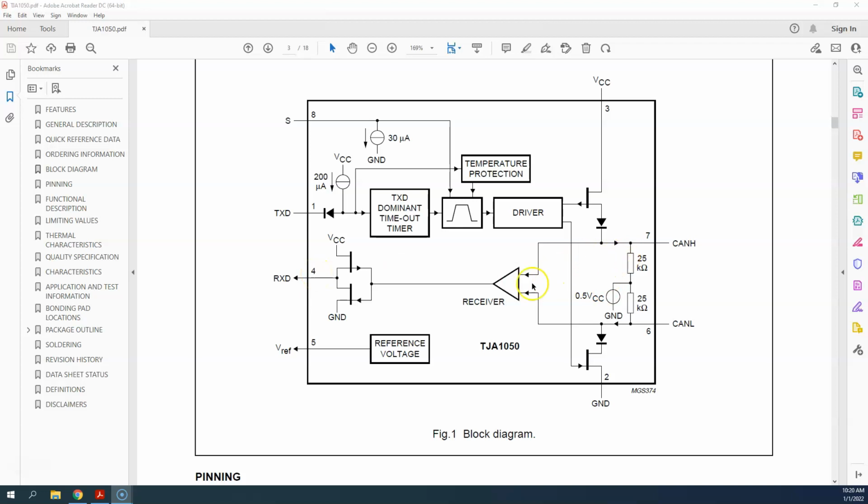On the CAN lines here, the CAN high and CAN low, this receiver, as it's called, this symbol is generic for an amplifier in electronics. These are often called op amps, for operational amplifiers, and they can do a variety of math operations. That's where the word operational amplifier comes in. I could use this as an amplifier which looks at the difference in voltage.